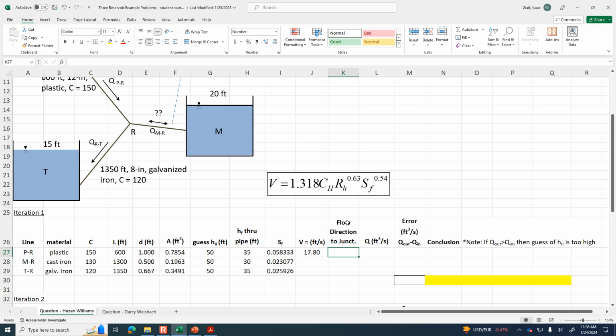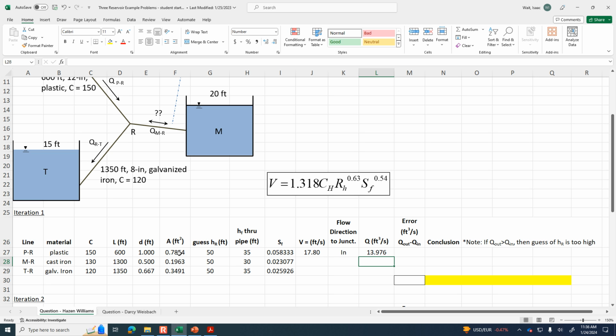The flow direction to junction: the water is flowing into the junction from this location. And the flow rate, if this is the velocity, then the flow rate is velocity times area. So V times A gives us Q. Q equals VA.